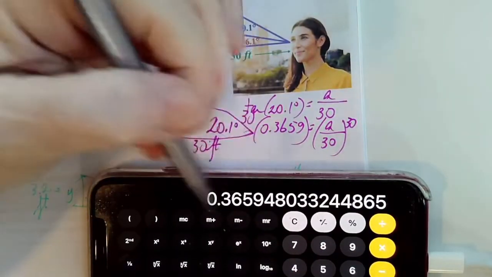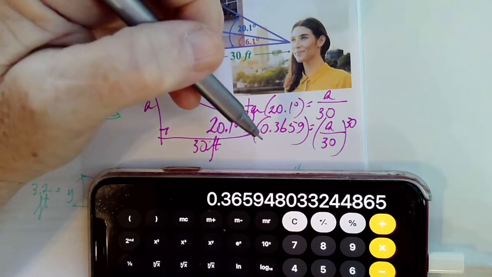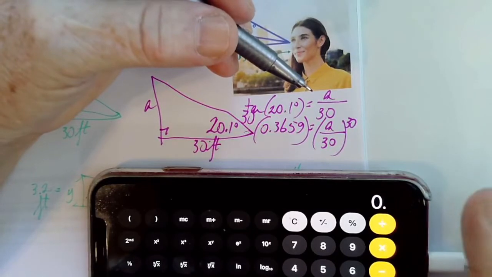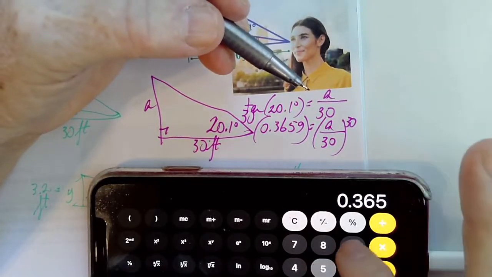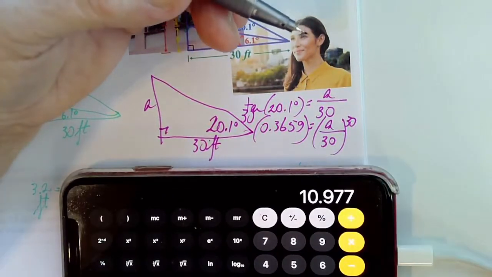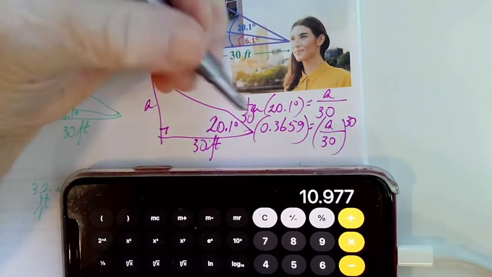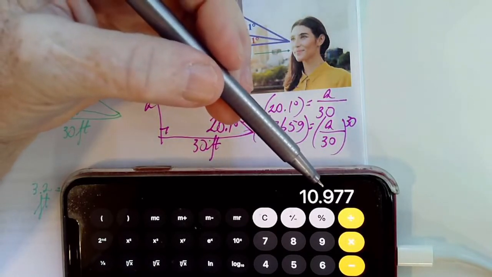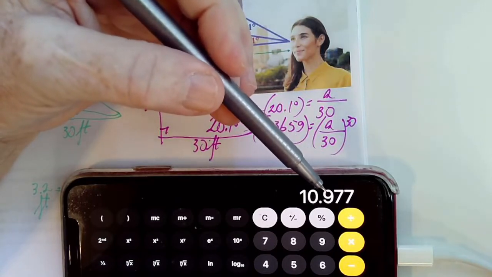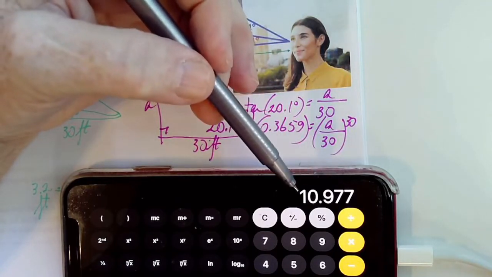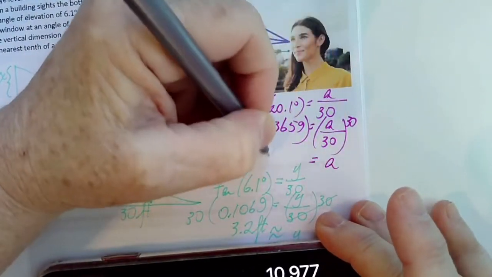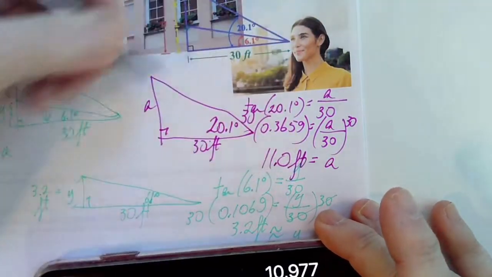I want to delete this number and type in 0.3659. 0.3659 times 30, and we get that the length of side A is 10 point, we're rounding to one decimal place. We have a 9, 7 is larger than 5, so we're going to bump the 9 up. So this is going to round up to 11.0. So A is equal to 11.0 feet.